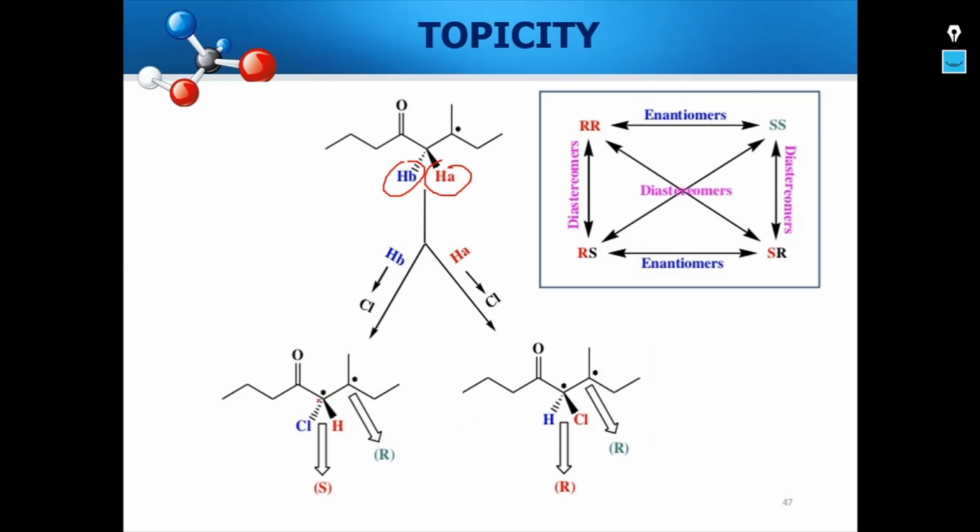One can ask how this is diastereotopic, because there are two chiral centers, one with S configuration and the other R, and here it is R and R. For this we can use this diagram, and we can identify the relationship between an SR and an RR. The relationship between SR and RR is that they are diastereomers. You have to remember this diagram. It's a very simple diagram, so please remember it.